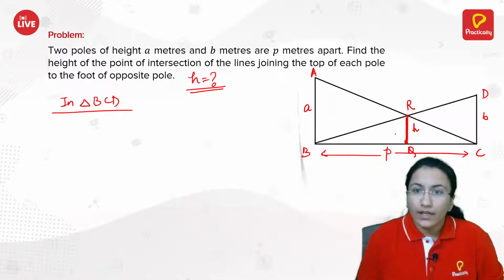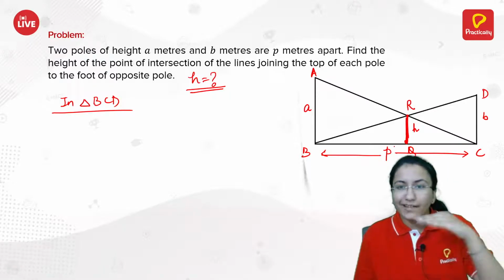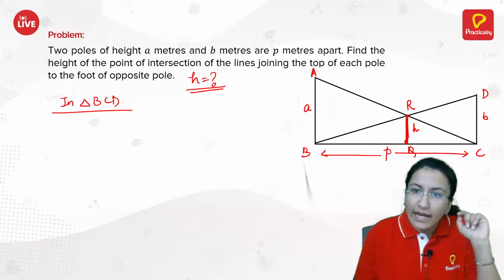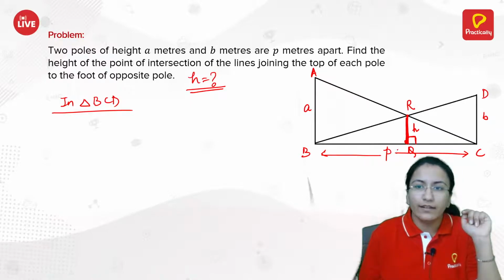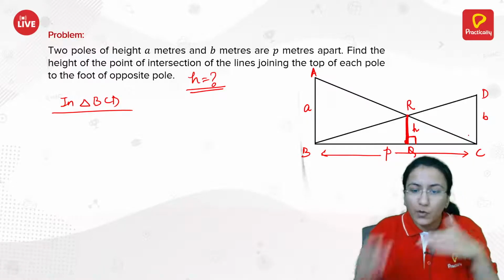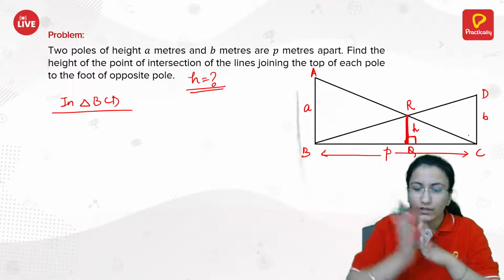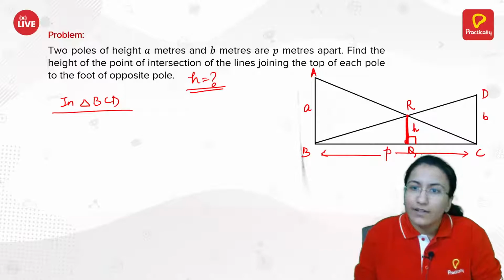Here, this height we always measure perpendicular to the surface, right? That means this is a 90-degree angle. Again, this pole is always straight, perpendicular to the surface, so this angle is also 90 degrees.